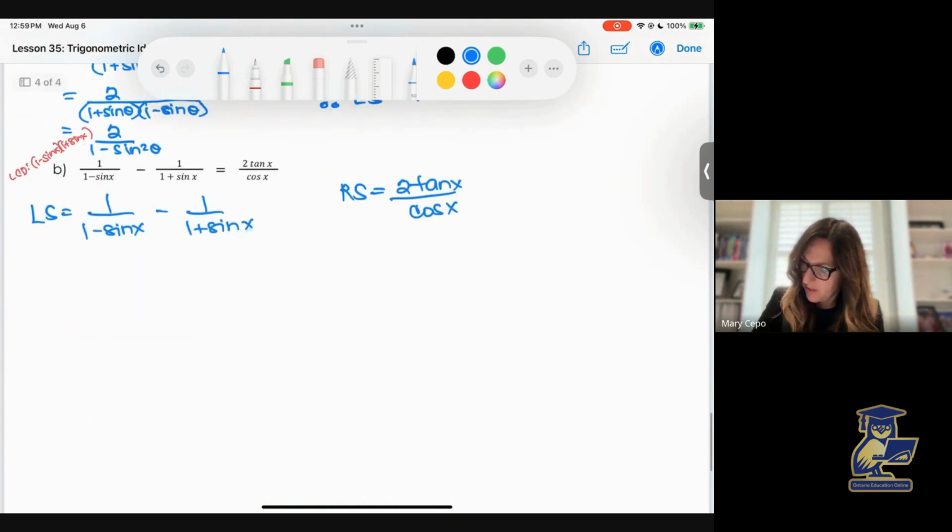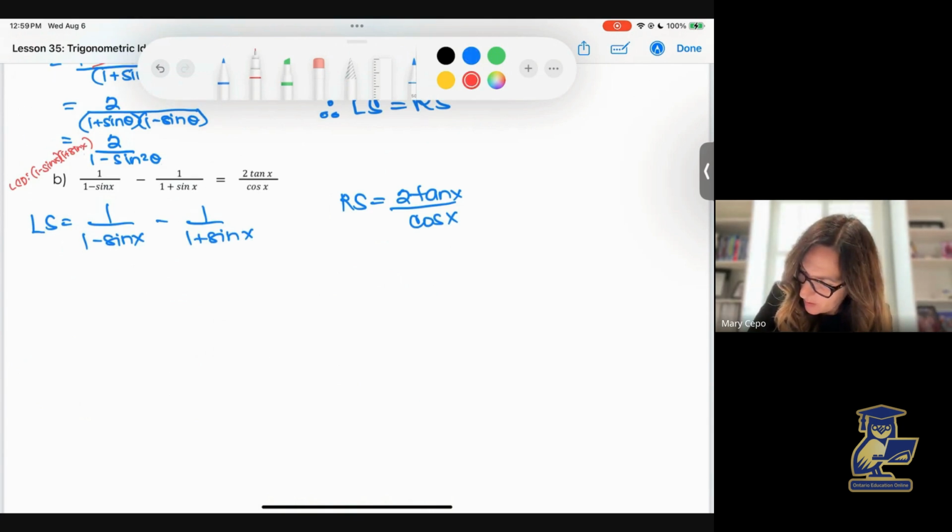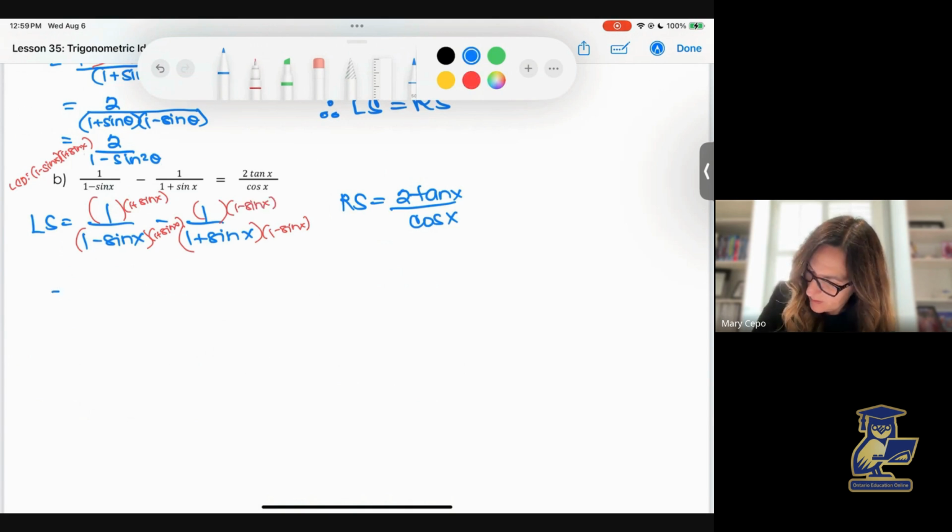Okay, so with that again, protect. I'm going to do the denominator. So it becomes 1 plus sine of x minus 1 minus sine of x.